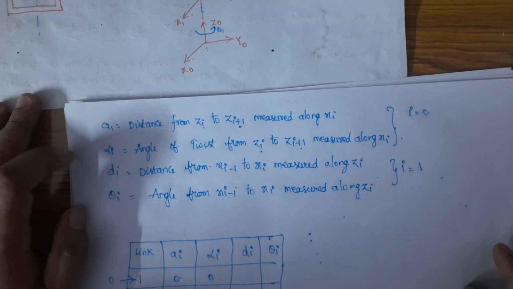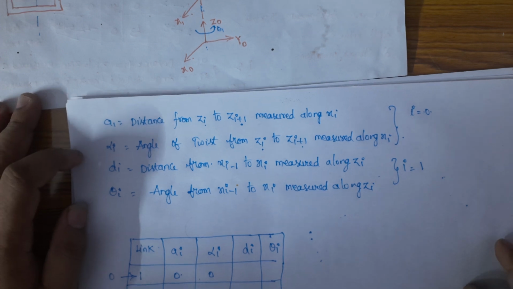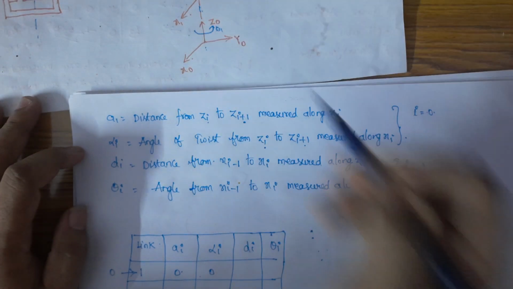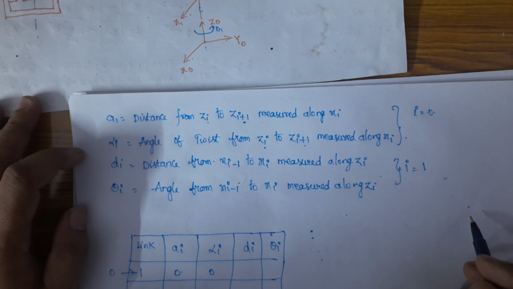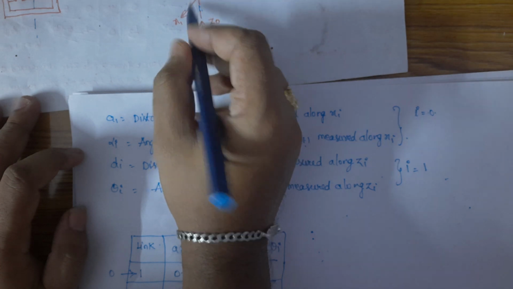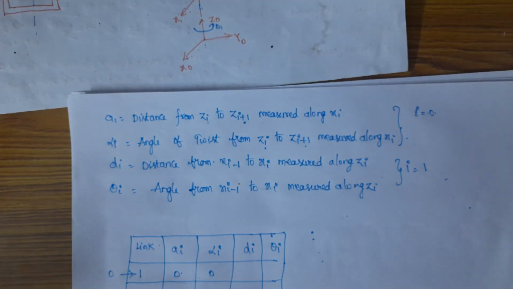Next, d_i, which is the distance from x0 to x1 measured along z1.